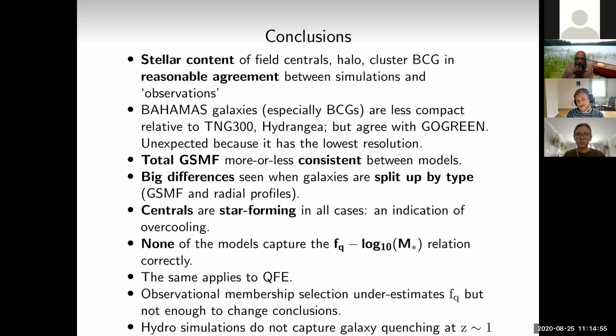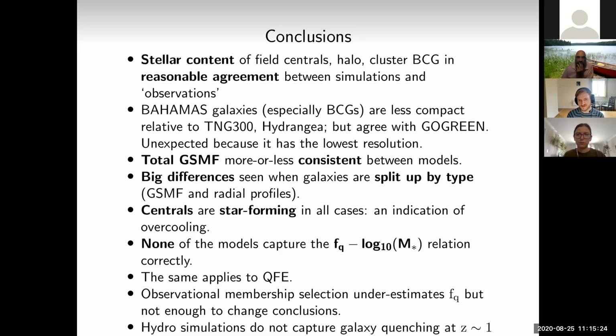The total galaxy stellar mass function is more or less consistent with observations, but we see big differences the moment we start splitting them by type. Star formation activity and quench fraction estimates are just completely off, which suggests there's some physics still missing in these simulations. And that's at redshift 1.